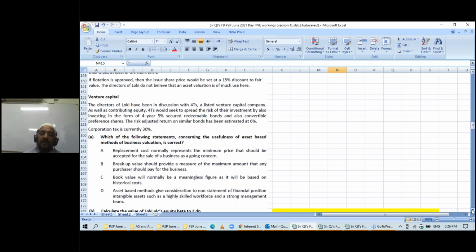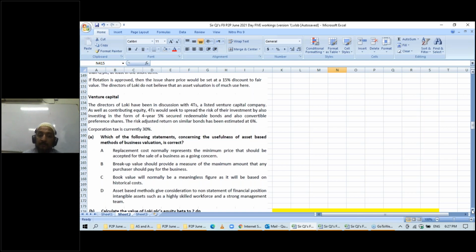Replacement cost is the maximum price at which the buyer, the investor, is ready to buy. It's the maximum amount a buyer will be ready to pay. So this is not correct. Breakup value should provide a measure of maximum amount.